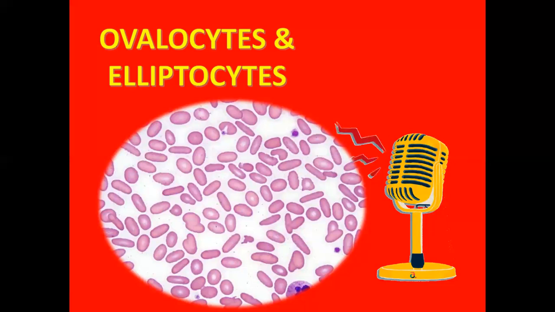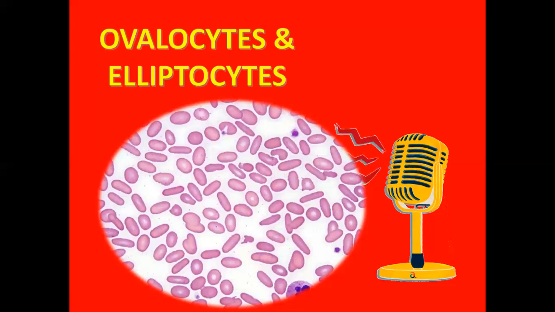And with the conditions associated with this type of poikilocyte, usually the presence of large numbers of elliptocytes signals an inherited condition. Large numbers of these ovalocytes and elliptocytes, from 25 to 90%, may indicate an inherited condition known as hereditary elliptocytosis.